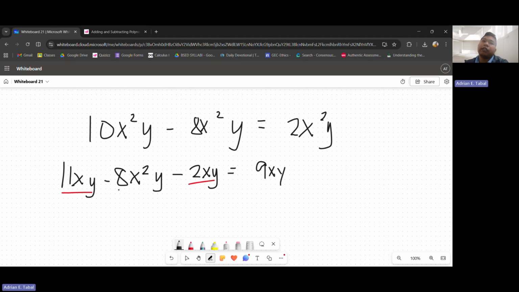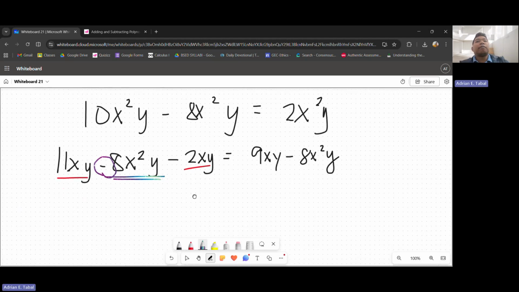What will happen to negative 8x squared y? So copy negative 8x squared y. Always copy the number and the variable including its sign. So negative 8x squared y.